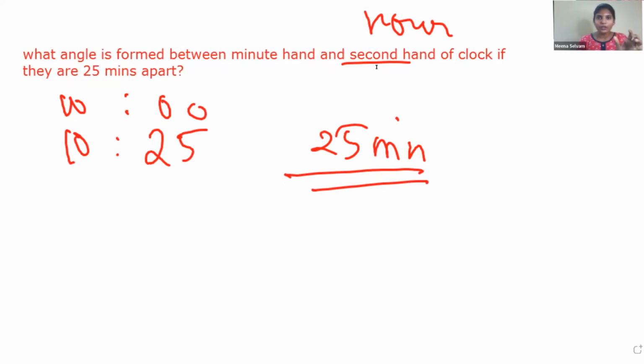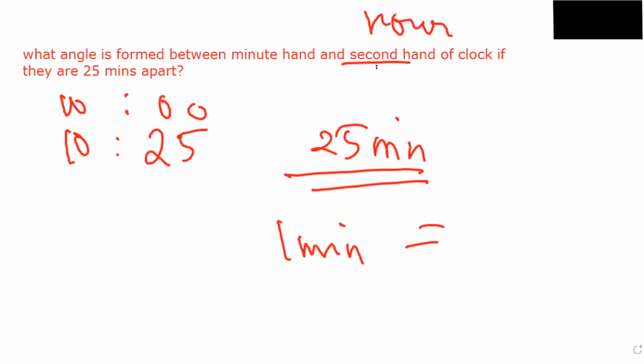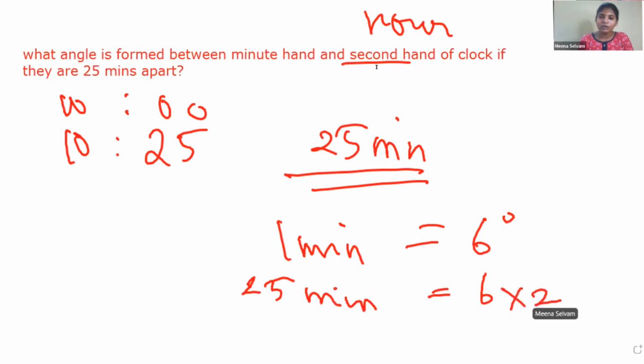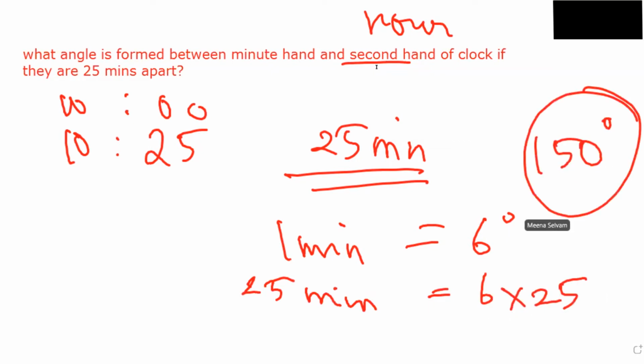I would have given you the notes, no? There you just see and tell me for 1 minute how many degrees. 6 degree. 150 degree. Very good, you told me the answer. From my notes, 1 minute covers 6 degree, so for 25 minutes it's 6 into 25, which is 150 degree.